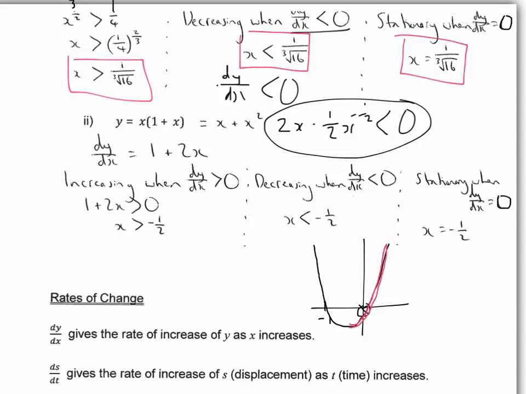Okay, so let's work out where that critical point is. It's halfway between minus 1 and 0. It is at minus a half. If you plug in an x value bigger than minus a half, your function is going up. It is an increasing function. If you plug in exactly the value itself of minus a half, you get this critical little point down here. You get the position where the gradient is 0, where it's completely stationary.